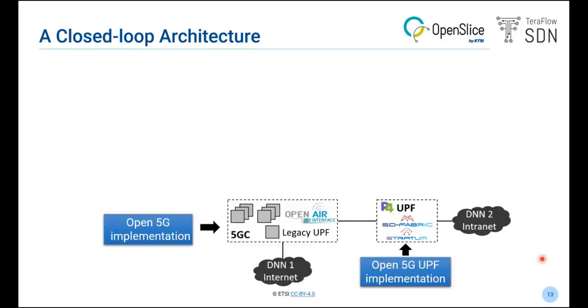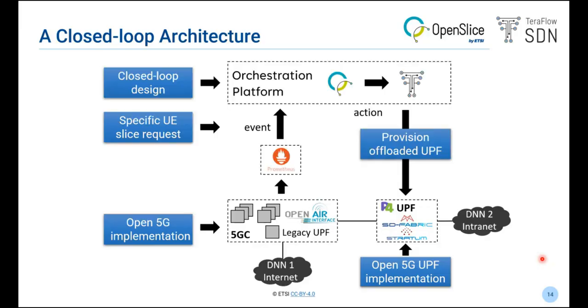And then we demonstrate the need for another UPF, which is based on P4, and it's offloaded, to introduce, let's say, another data network, number 2, which is a kind of a privileged one with high performance services and the need to have higher performance. And on top, we introduce this closed loop, which basically monitors the whole 5G system. And upon an event, let's say a gold user appears and wants high performance, we instantiate this UPF on demand using OpenSlice and TeraFlowSDN.